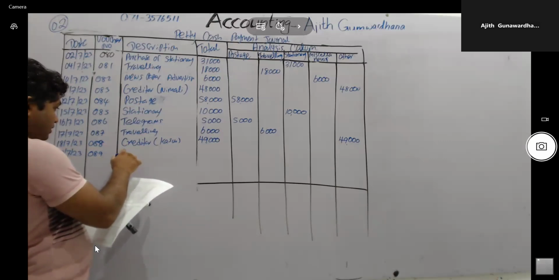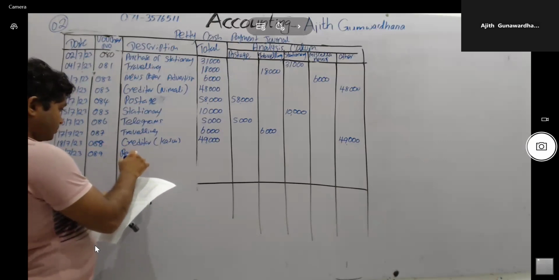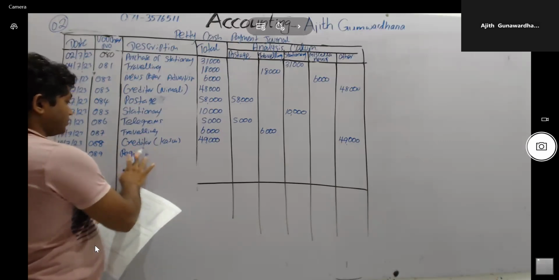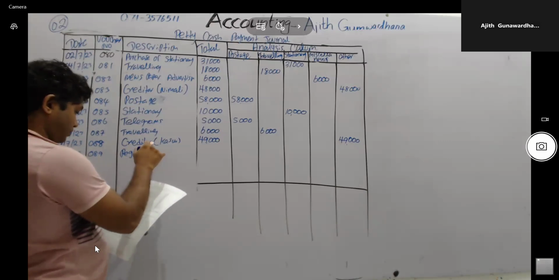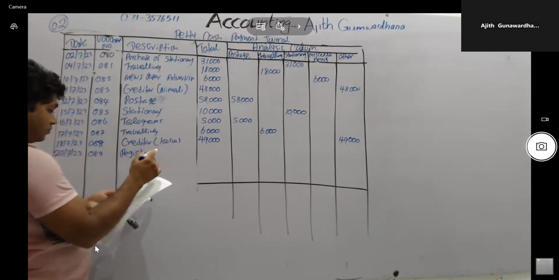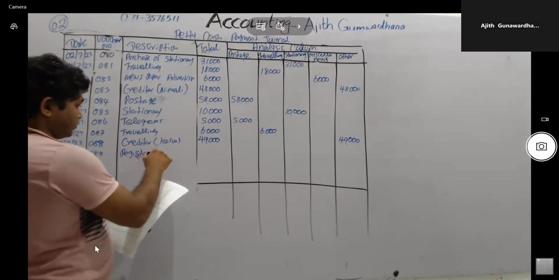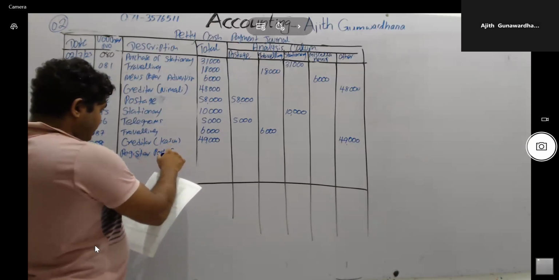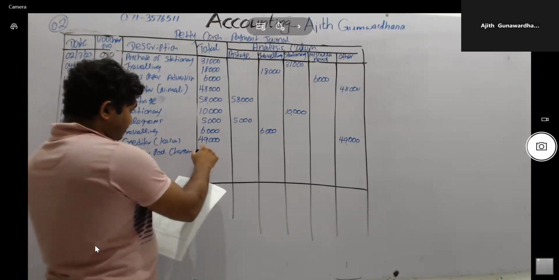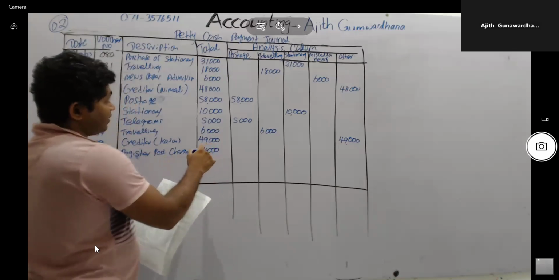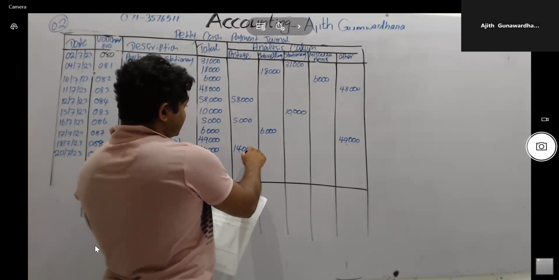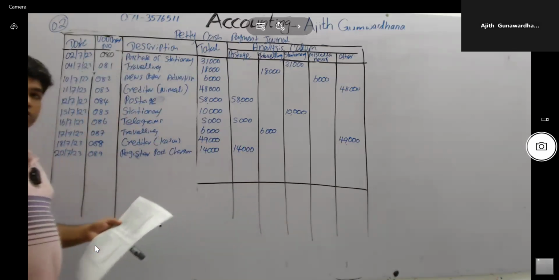Register post charges, value equals 14,000. Part of traveling, part of postage, register post charge. Think of the analysis column also.